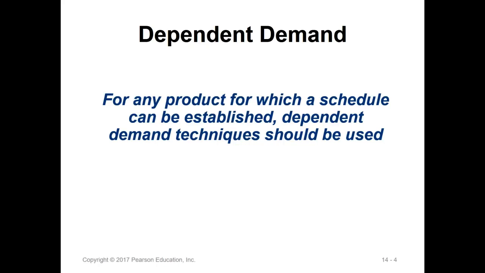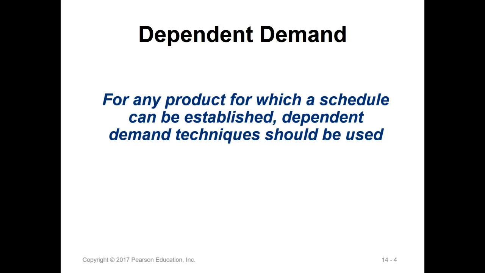We said the demand is independent. That means a customer who needs a computer is independent of the customer who wants to buy a camera. And of course, the battery demand is also independent of camera, independent of computer.